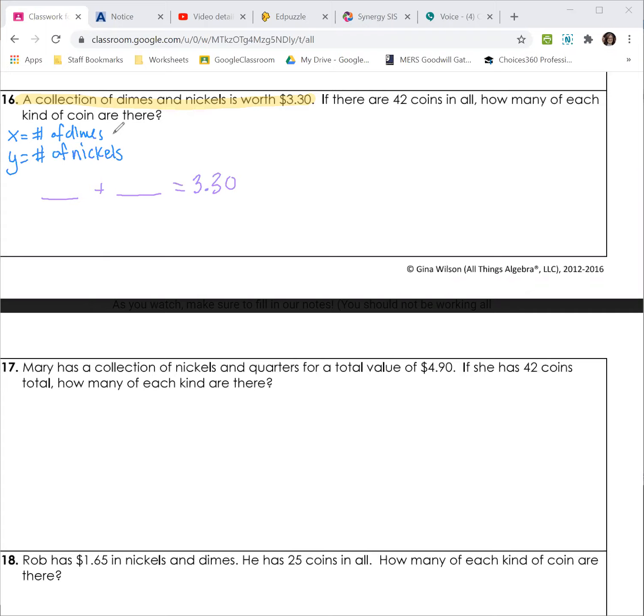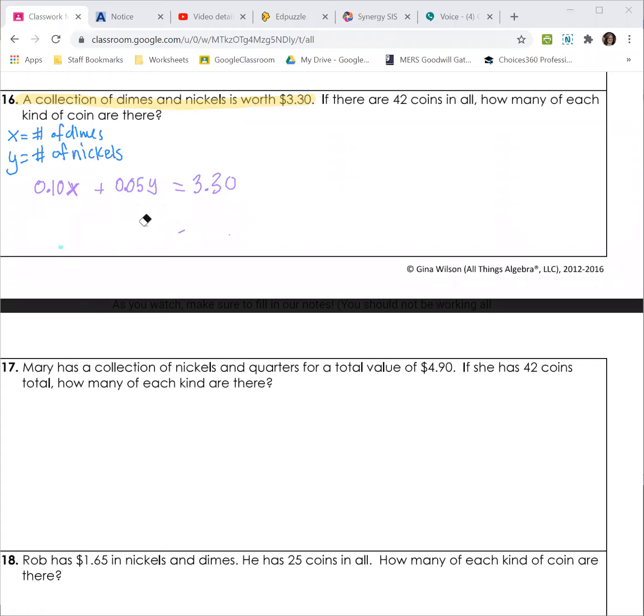Well, dimes are worth 10 cents, 0.10. How much will all my dimes be worth? I have to take 10 cents times however many dimes. If I had 7 dimes, it would be 10 cents times 7, and that would be 70 cents. Since I don't know how many dimes I have yet, I'm going to put 10 cents times X. And with my nickels, same thing: 5 cents times however many nickels I have, 0.05 times Y.